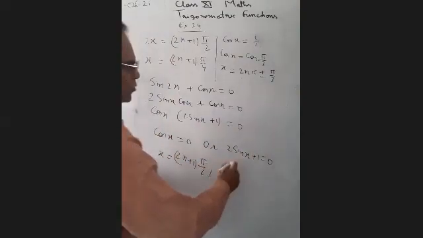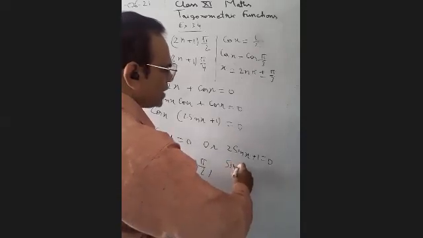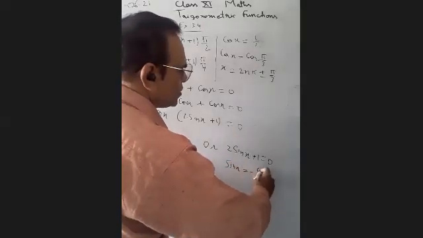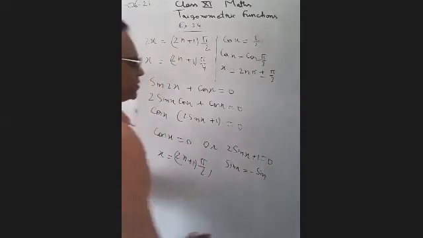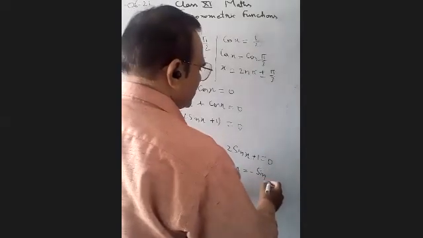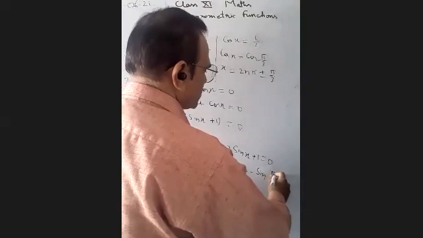Here you have to convert first: sin x is equal to minus 1 upon 2. So minus 1 upon 2 means sin minus, and you can take 1 upon 2 as pi by 6.